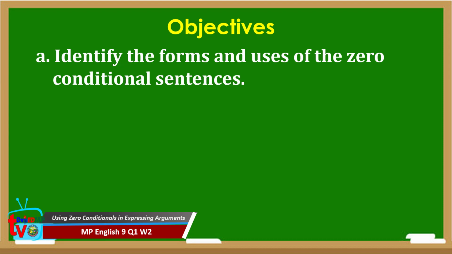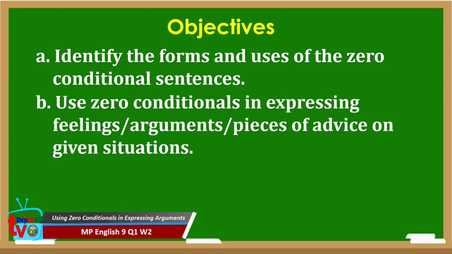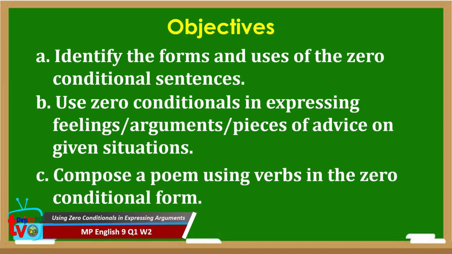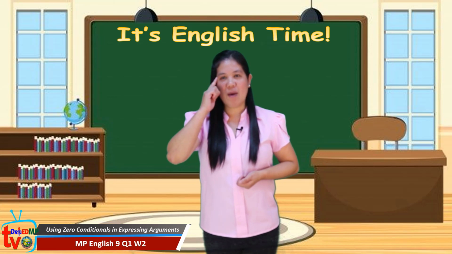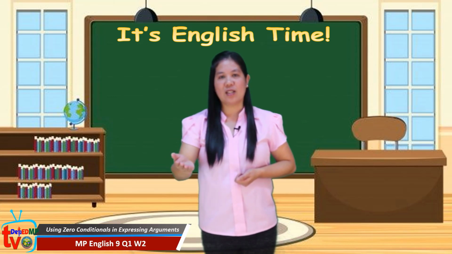Second, use zero conditionals in expressing feelings, arguments, pieces of advice on given situations. Lastly, compose a poem using verbs in the zero conditional form. With those in mind, let's continue.